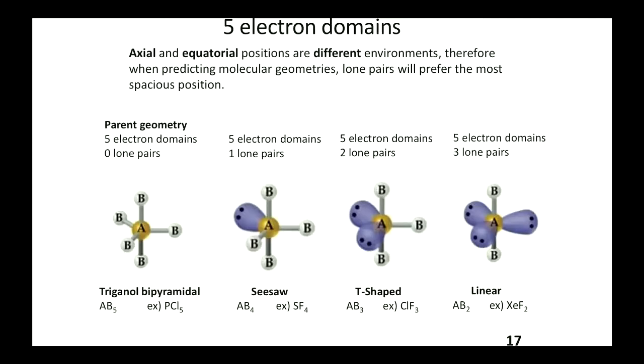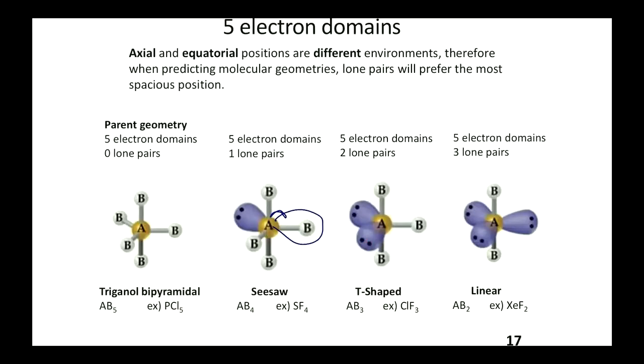If you put a lone pair on this axial position, think about the angle that the 2 lone pairs make. What angle is between this lone pair and that lone pair? 90 degrees. Versus if you put it in the equatorial position, what's the bond angle between those 2 lone pairs? 120. That's why the next lone pair goes in the equatorial position.